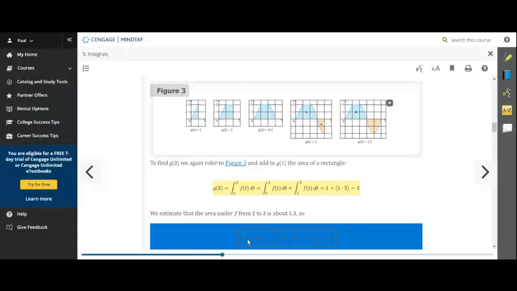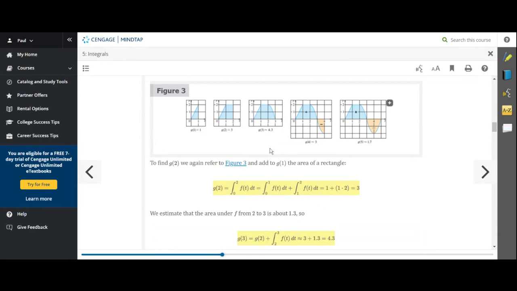Similarly, if you wanted to find g of 3, they have the third picture in figure 2. But here you have to estimate the area of the function from 2 to 3. They're estimating the area is about 1.3.